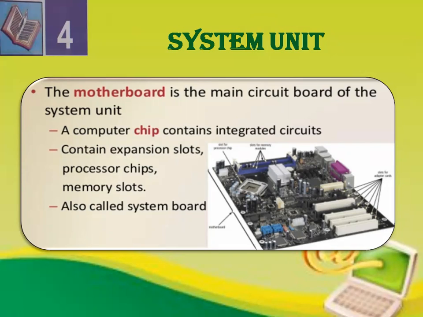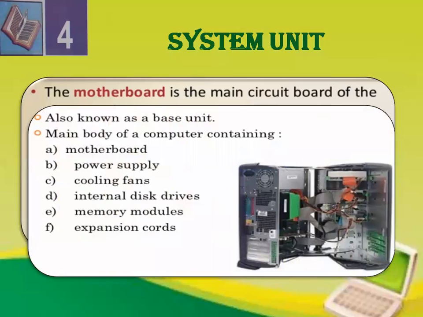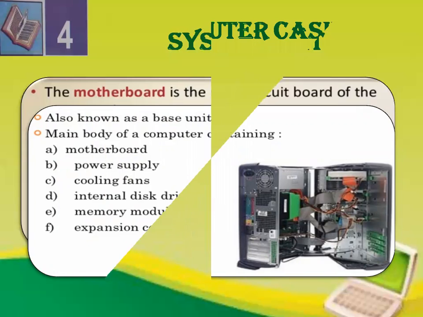On that motherboard, we have the small chips, expansion slots, memory slots, and all system components hosted. This motherboard is sometimes called the main board, also known as a base unit. The main body of the computer contains the motherboard, power supply, cooling fan, internal disk drives, memory modules, and expansion cards.